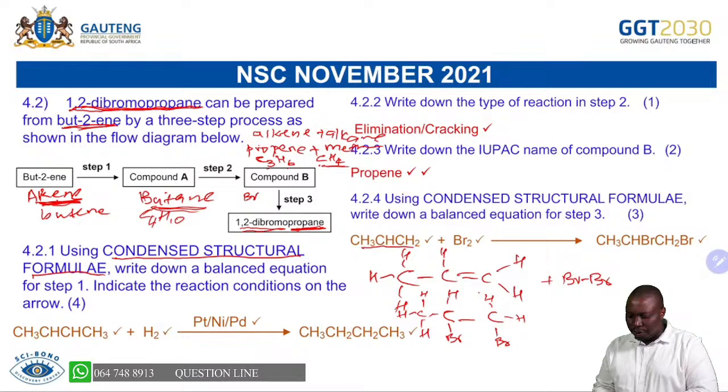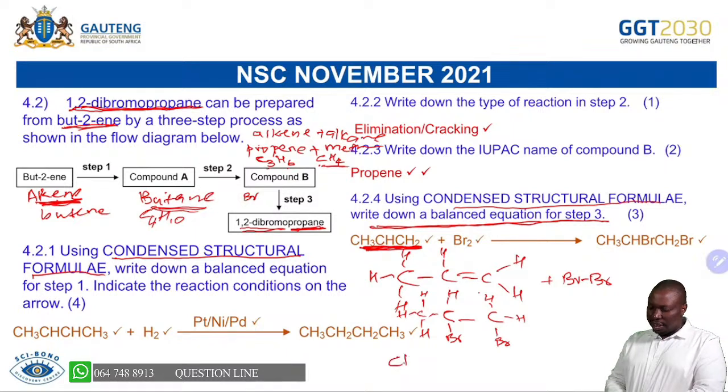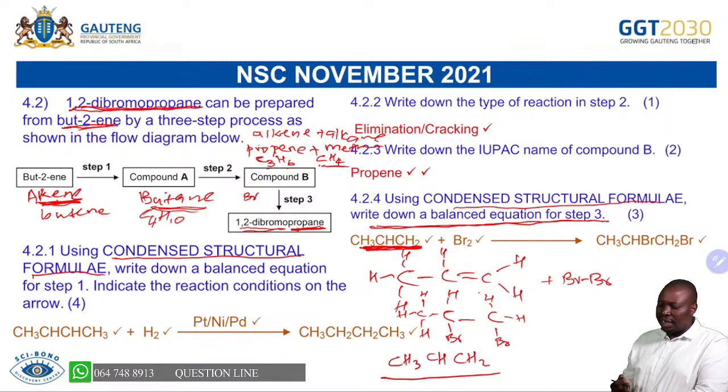It was in 4.2.4 where they said use condensed structural formula to write down a balanced equation for step 3, and then you have propene there in a condensed structural formula. So you don't write it as a structural formula. You will say CH3, then CH, and then CH2. That is propene in a condensed structural form.